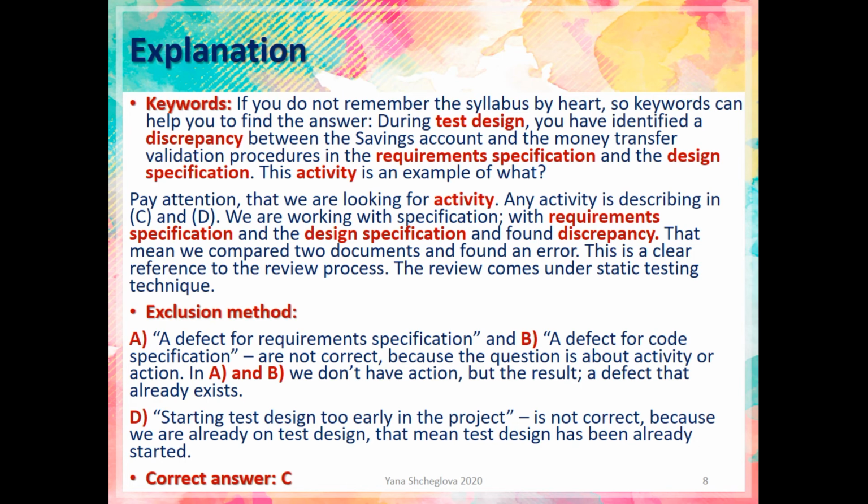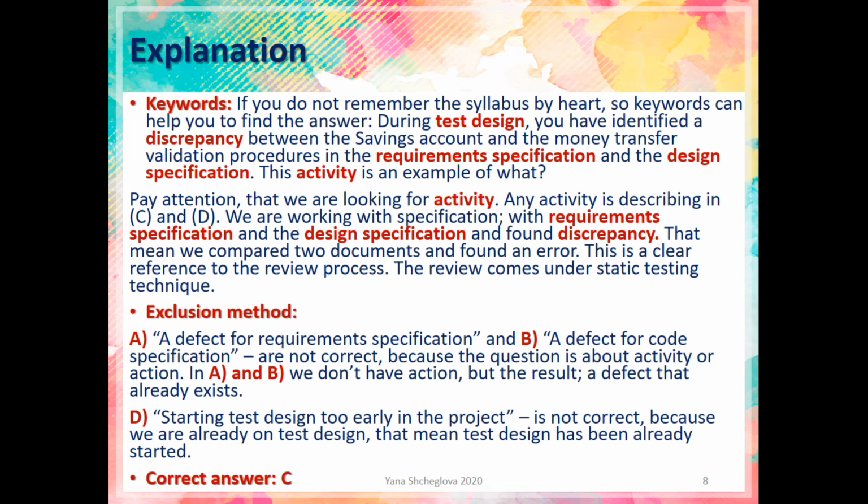Any activity is described in answers C and D. After all, we are working with a requirement specification and the design specification, and found a discrepancy. That means we compared two documents and found an error. This is a clear reference to a review process. The review comes under static technique, hence the correct answer is C.